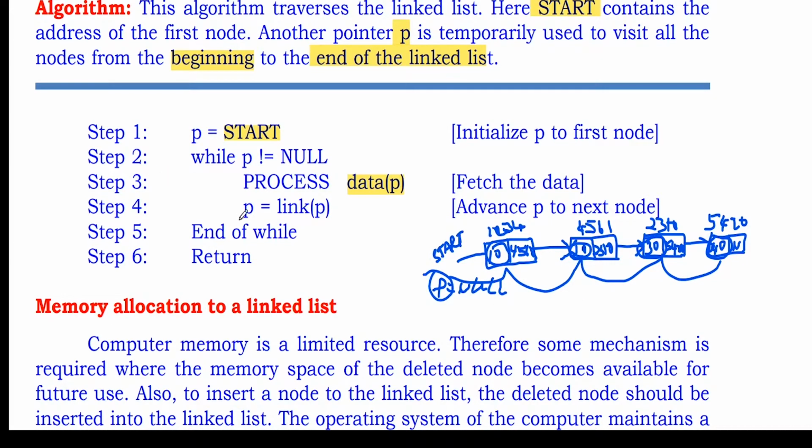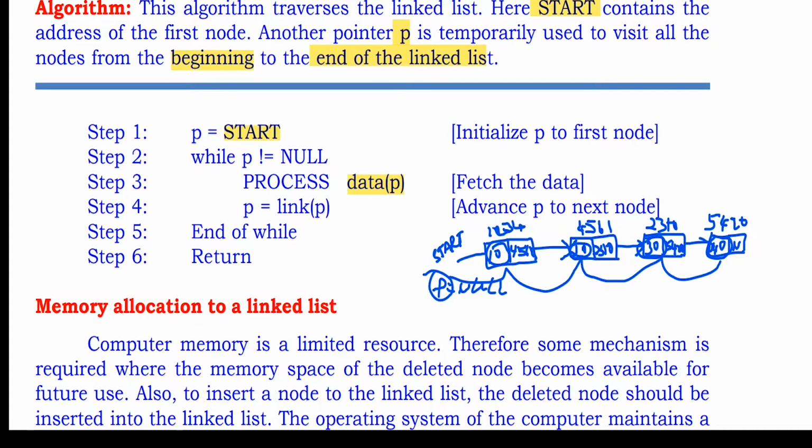So this is how the traversing algorithm is performed. Whenever we think of traversing a linked list, a temporary pointer has to be created, and with the temporary pointer we move to all the nodes.